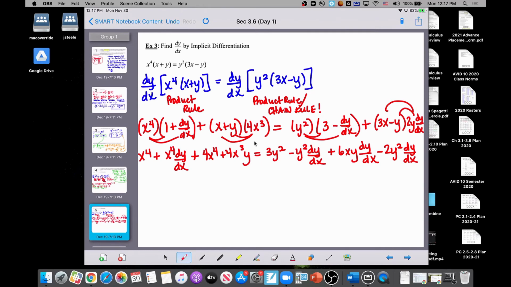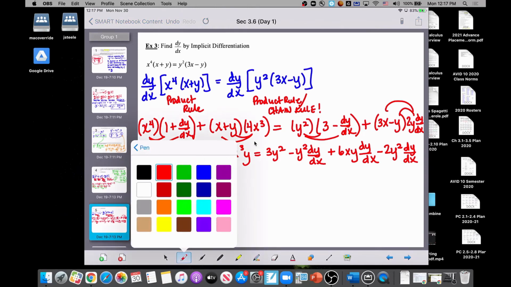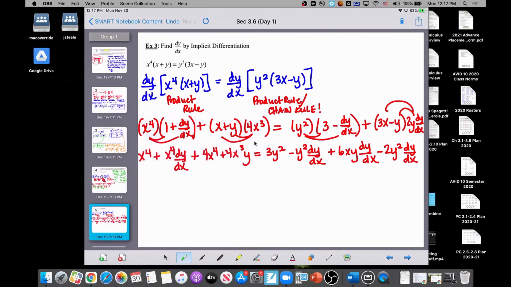All right, again, you can move them to either side that you want, but obviously, you want it to be as little work as possible. So I am going to choose to collect my dy dx terms on the right side of the equal sign, since I already have 3 of them over there. So that term is going to get moved over to that side. And then the only term on the right-hand side that doesn't contain dy dx is that 3y squared, so that is going to move over to the left side.